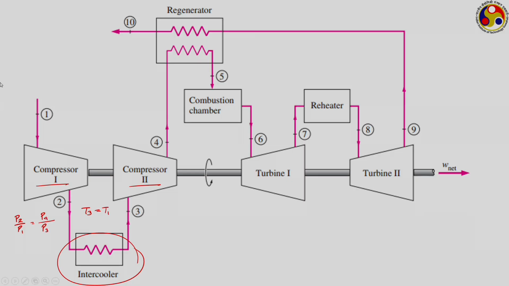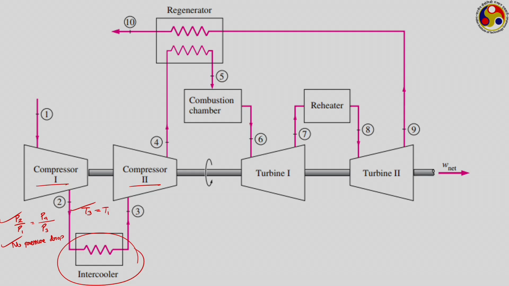Also, in the ideal scenario there is another factor that we neglect, which is pressure drop. As the air passes through the 2 stages of compression and the intercooler, there may be some loss in pressure, but we are neglecting any pressure drop and considering ideal intercooling.